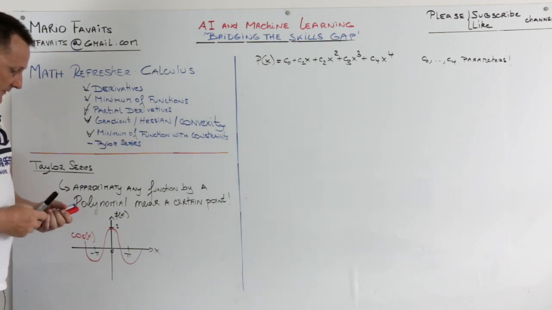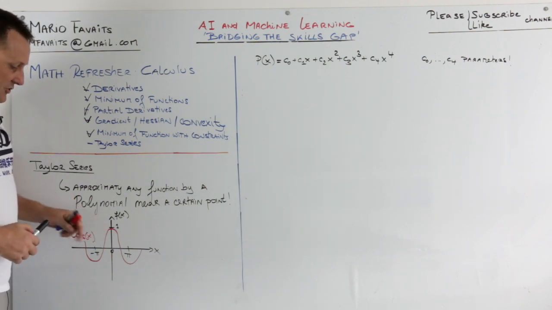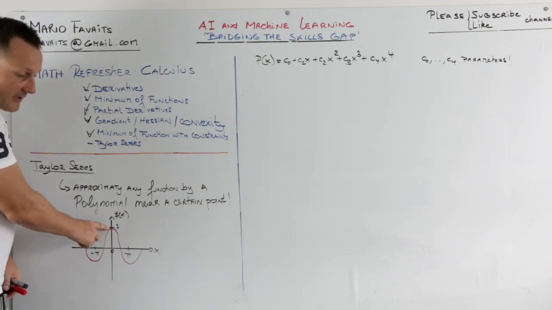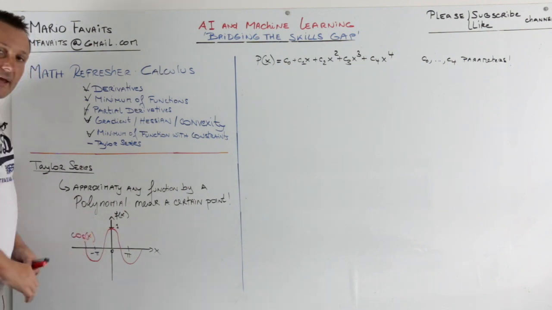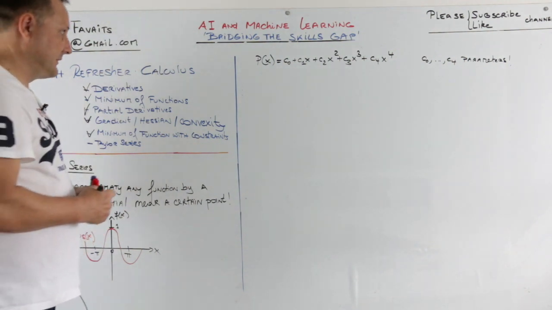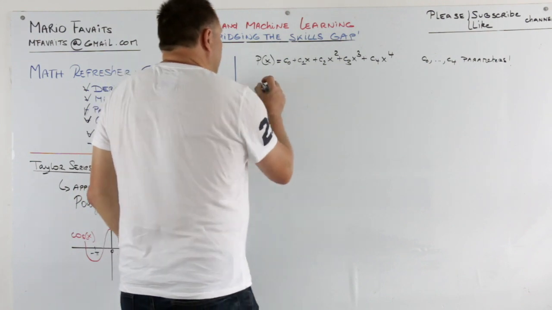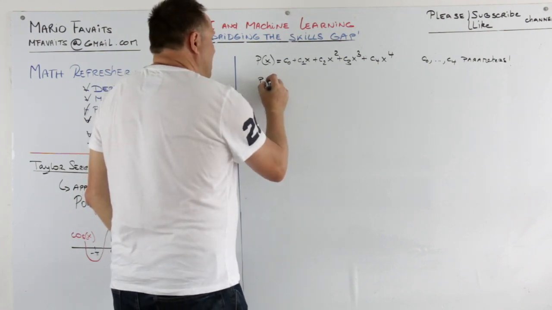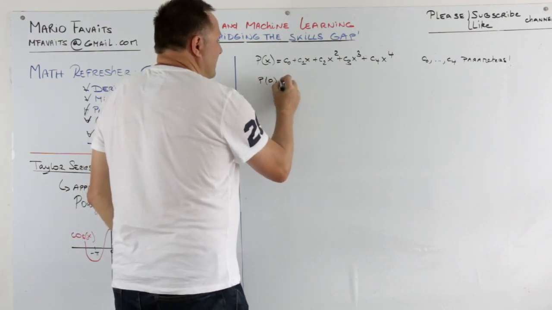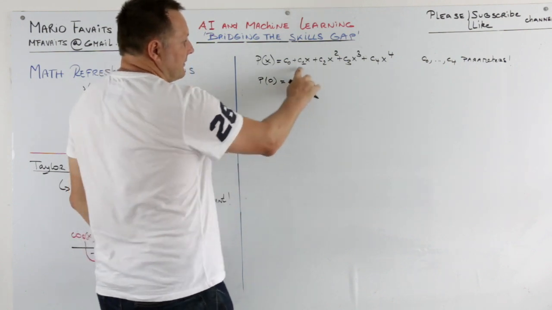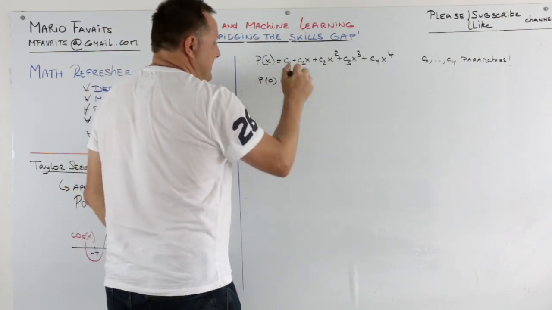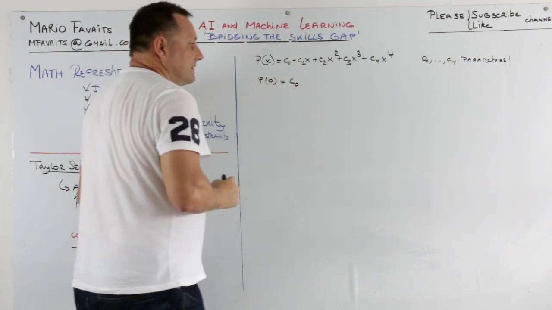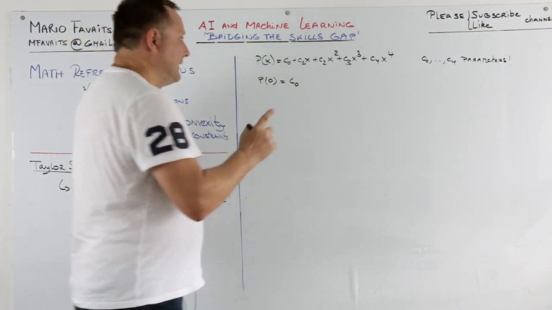The first thing we're going to do is to make sure that both functions cross the y-axis at point 1. So the first thing is P of 0. When x is 0, these terms disappear, only C0 is left.